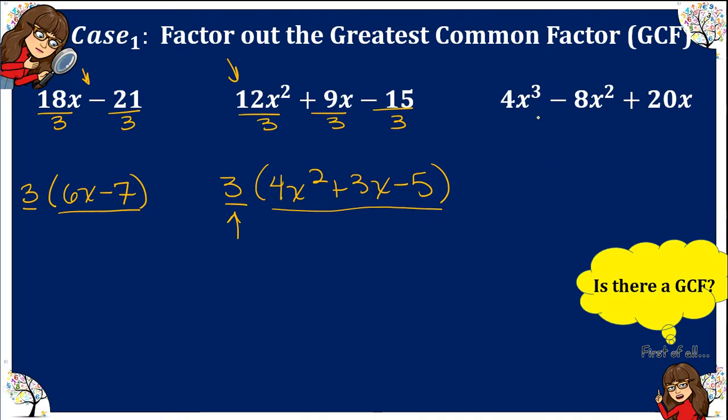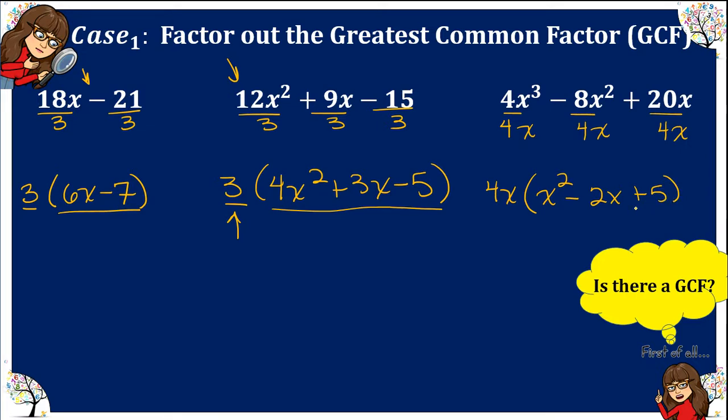In our next example, we have a trinomial, and I notice that 4 can divide into each of these terms, as well as x to the first. Each term has at least a factor of x to the first. So 4x is my greatest common factor, and I'm left with x squared minus 2x plus 5.